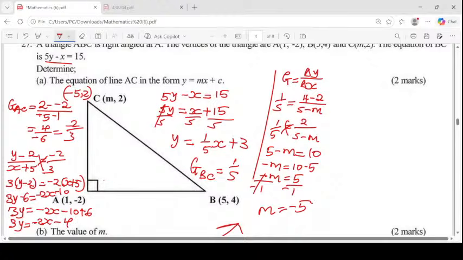When you divide through by 3, we are going to get y being equal to negative 2 over 3 x minus 4 over 3. As simple as that.